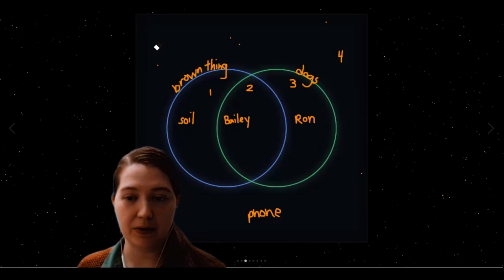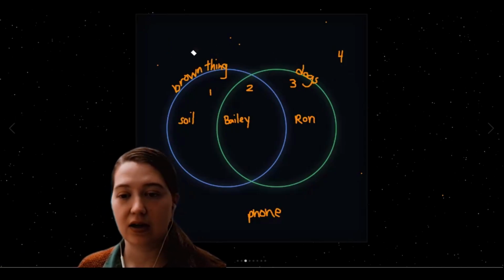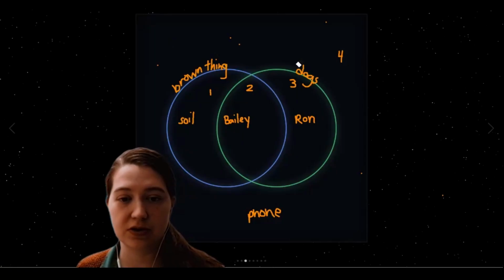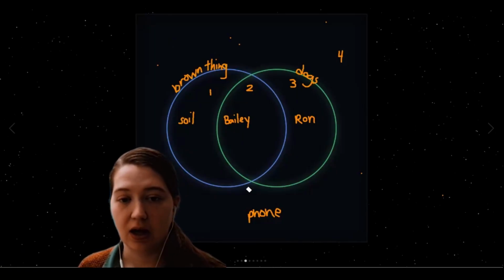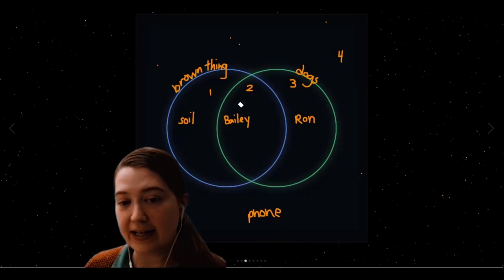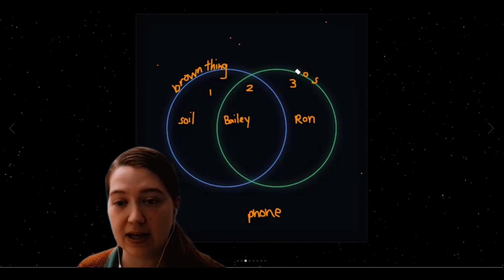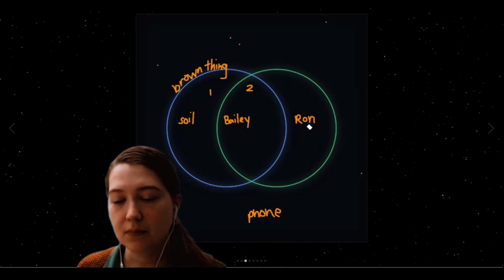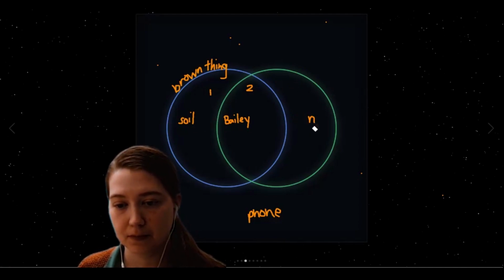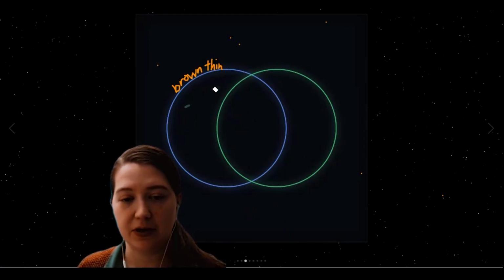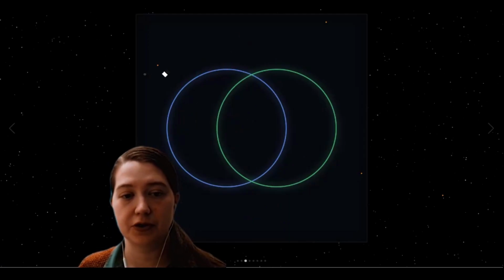Some categories, like brown things and dogs, there aren't any logical truths I can assert between the relationships of brown things and dogs, other than the fact that each one of these regions has at least one thing in it is an important thing that I could say. And so we'll get to looking at what that would mean for categorical logic, for sure.